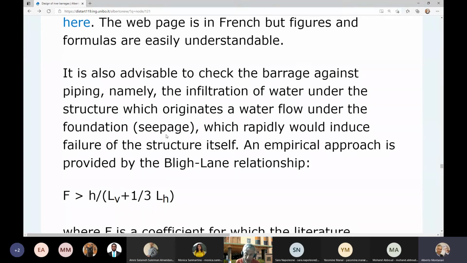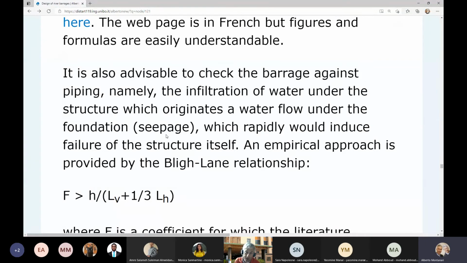And the other way is through infiltration. So what happens if water succeeds? Water may infiltrate under the barrage and then by flowing in the underground may come out downstream. This is what water tries to do. And if water succeeds, then of course it is very happy and tries to enlarge the small pipes that it found in the underground. And this is through energy.